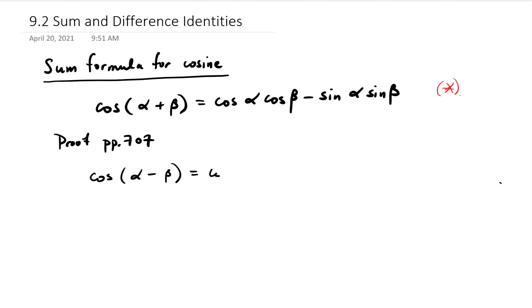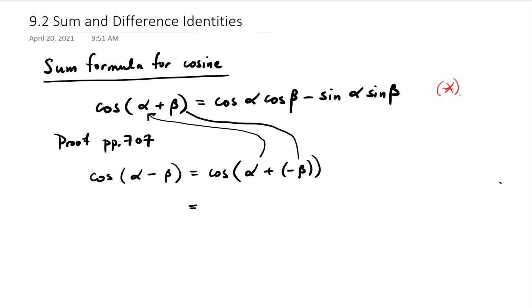How do we do this? We simply have to write the difference as a sum. So I only need to write alpha minus beta as alpha plus minus beta. Essentially I'm going to replace alpha by alpha in the formula, so the same thing, but beta by minus beta.